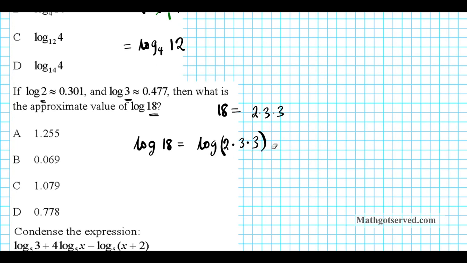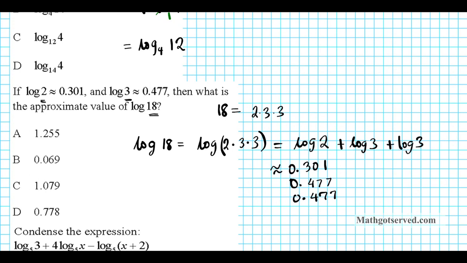If we apply that here, we have log of 2 plus log of 3 plus log of 3. Now we're going to input the approximate values of each log expression. So this is approximately going to be 0.301, let's line it up vertically, plus 0.477, and then plus 0.477.